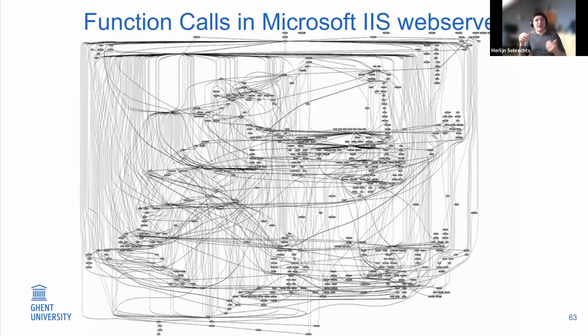The Microsoft IIS web server is created by a bunch of developers in a single office in Seattle. If they have a question about a certain function, they can just get up out of their chairs, go to the desk of the colleague who wrote that function and ask them, what the heck is this function doing? Can you please explain to me why this function is doing something so complex?